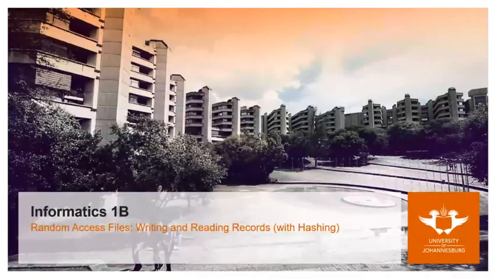So, up until now, we've done random access files. We have shown you how to write to a file, and we've shown you how to read from a file. And we've shown you how to use a hash function in order to write to a specific location in the file.